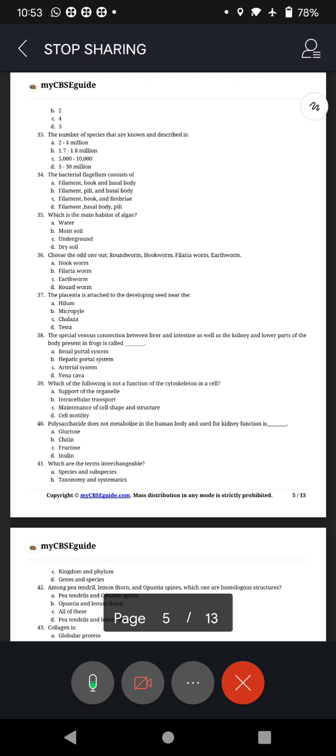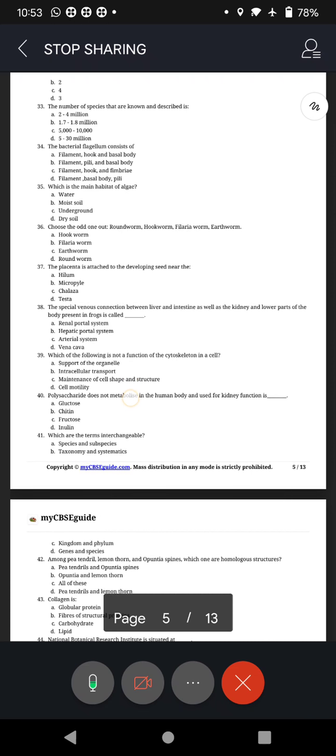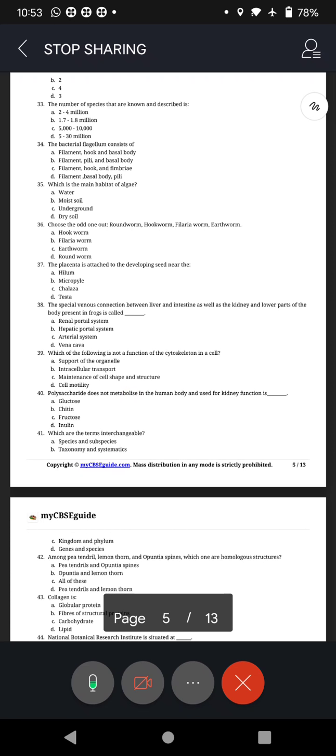So we are all called placental animals, right? A. Hilum, B. Micropyle, C. Chalaza, D. Testa. Here we are talking of placenta of the plants because we are talking about a developing seed. 37.